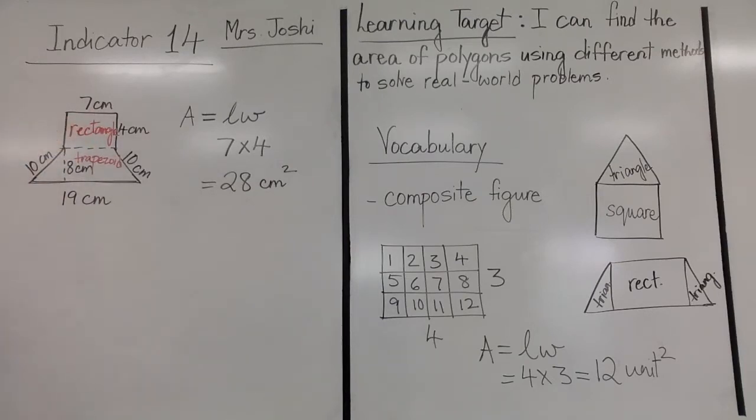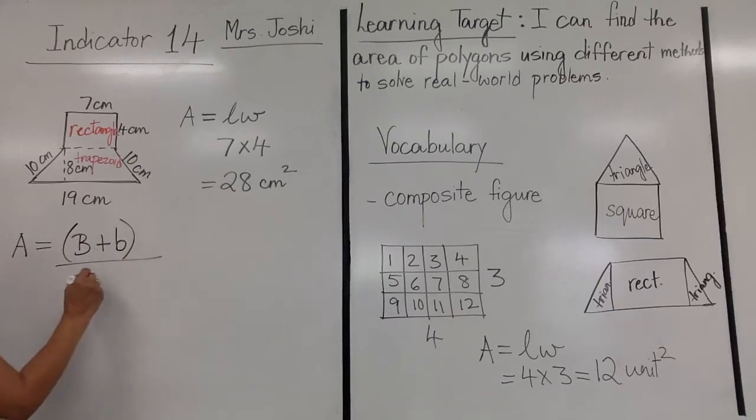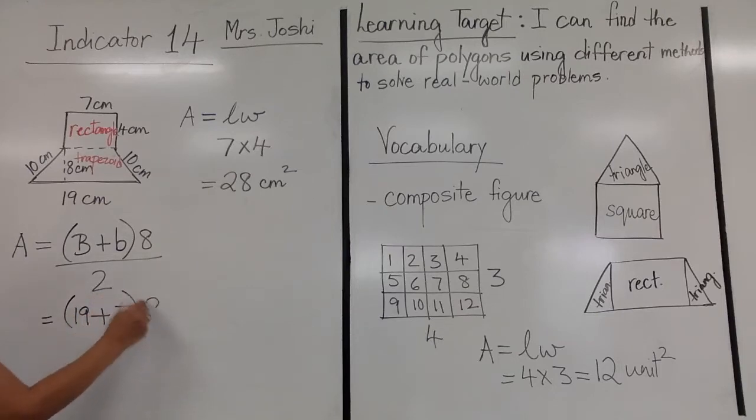Next I have got to find the area of the trapezoid, and we know that is big base plus little base, half of that to find the average, times the height, which is 8. Please don't write 10. So my big base is 19 and my little base is 7, times 8 divided by 2.